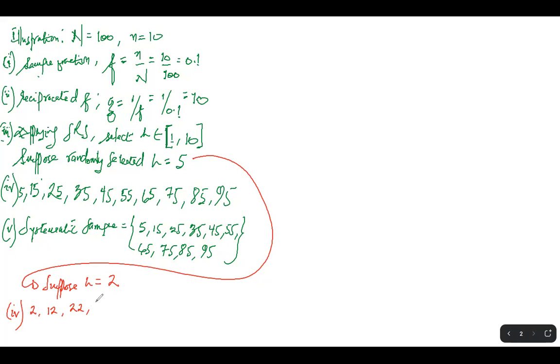The 10th member after number 22 is what? 32, 42, 52, 62, 72, 82, and then 92.